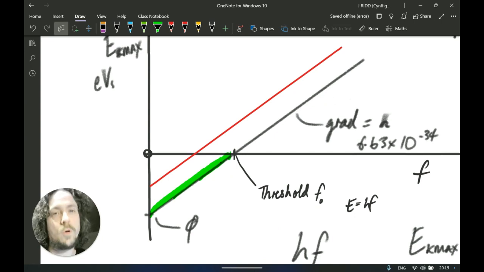If it had a lower work function, it would have exactly the same gradient as we've indicated here, because the gradient is Planck's constant, so that can't change. It has less energy needed to be overcome for an electron to escape, so it's got a lower work function, and it will also have a lower threshold frequency.